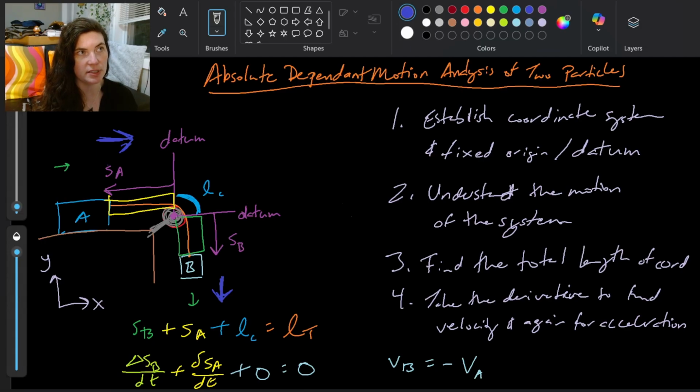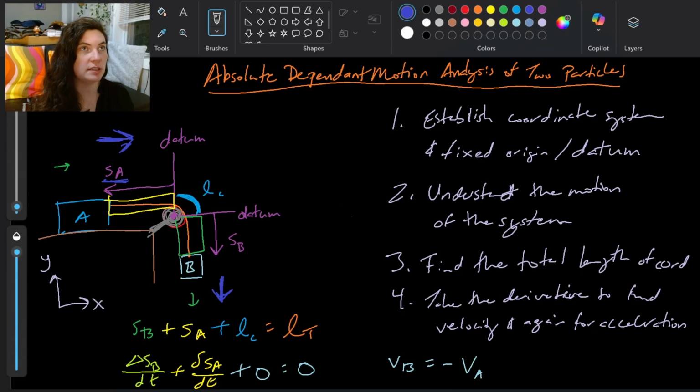It's going in the opposite direction of SA, making it negative. And it makes sense that they would be going at the same velocity. There's nowhere else for that velocity to go, nothing else in the system taking on velocity from it. So A and B are going at the same speed, just in opposite directions from this datum that we've set up.